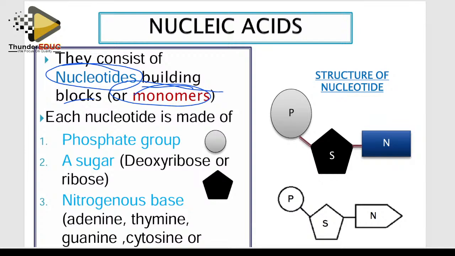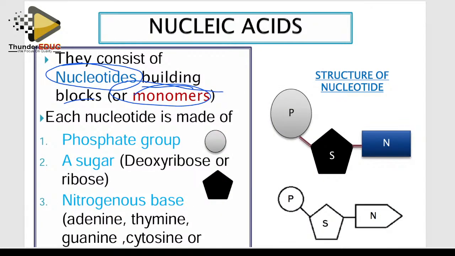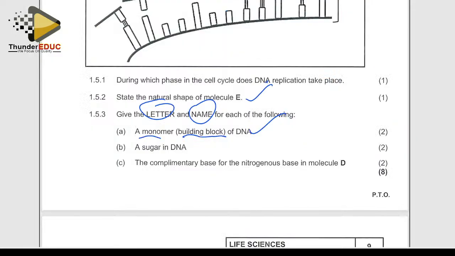So I think you got it right. It is nucleotide. You see, they said building block and then monomer, exactly how it is written here. Are you seeing? I think now you are getting it right.